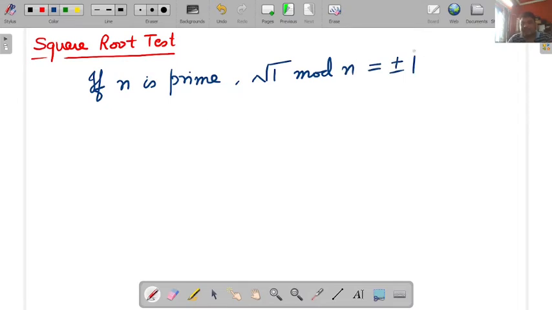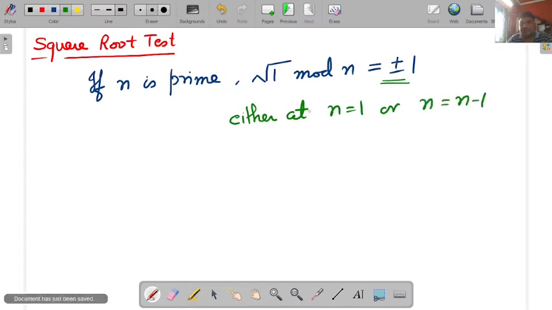This plus minus 1 solution you get either at n is equal to 1 or you get at n is equal to n minus 1. If you are getting this at those two places, then you can say that the particular number is prime.